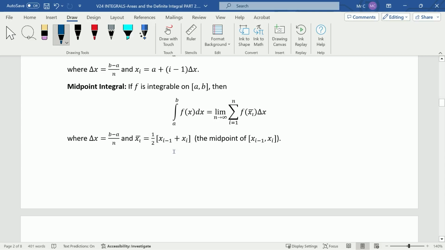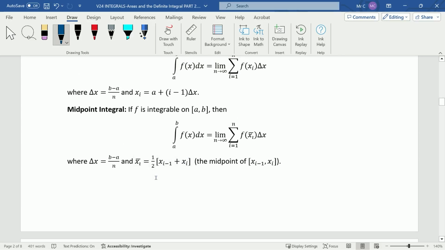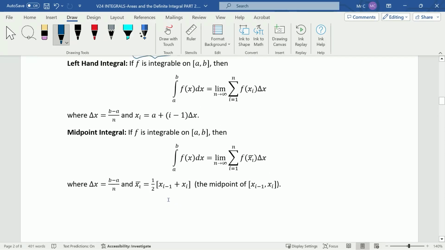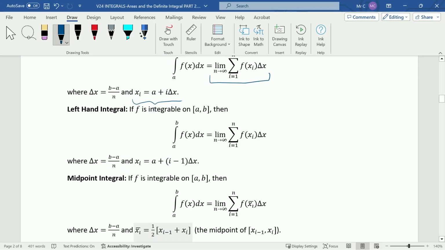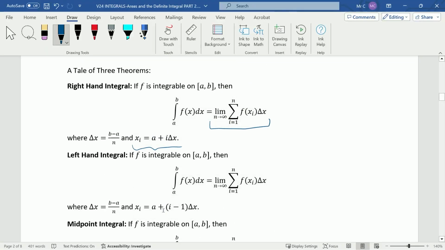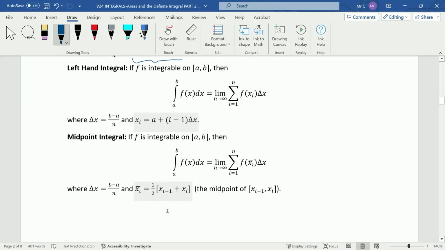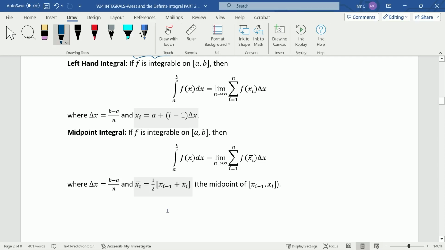Here, you really need to find the actual formula for the endpoints, which is fine. You can use your right hand and left hand formulas for x sub i, and plug them in and take the average. So I'm going to do that real quick, just to show you how you could get that formula should you need it.